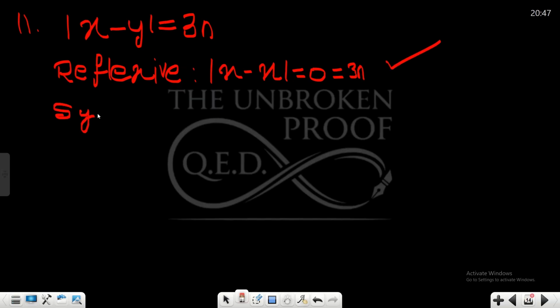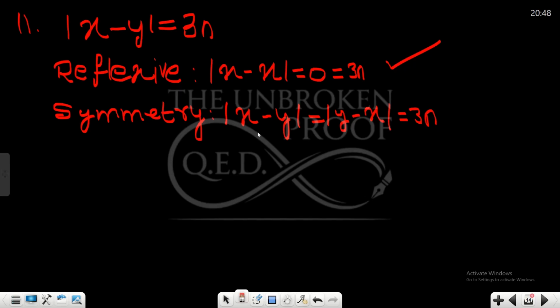If we take symmetry, then |x - y| is equal to |y - x|, and this should be a multiple of 3n because the modulus does not change the value, so symmetry is also satisfied.